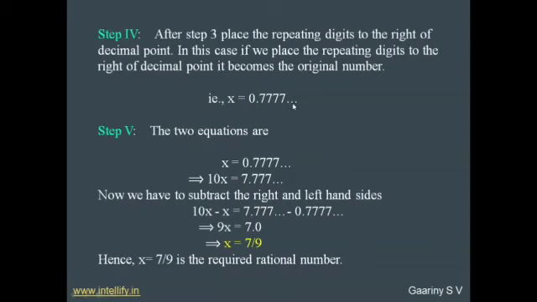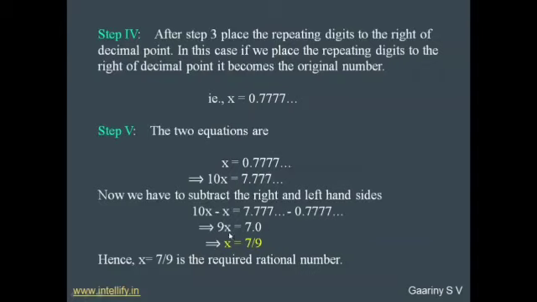In step 3, we had one equation, and in step 4, we have one equation. We have to solve these two equations. In the fourth step, we had x is equal to 0.777 etc. and in the third step we had 10x is equal to 7.777 etc. You have to subtract the left and right hand sides of the two equations. 10x minus x gives you 9x, and 7.777 minus 0.777 etc. gives you 7.0.